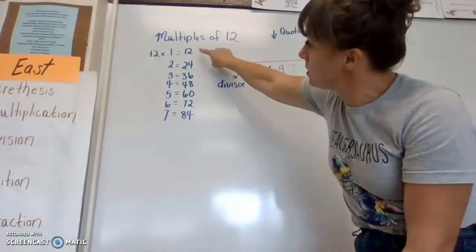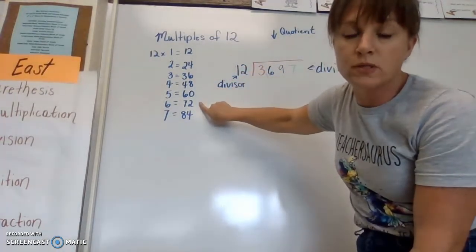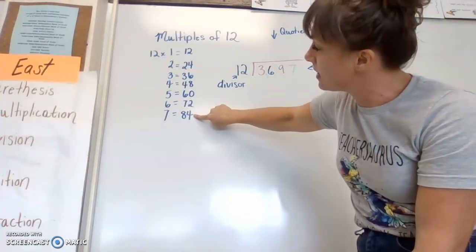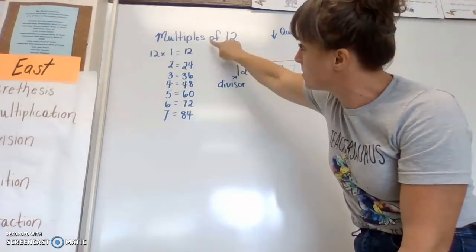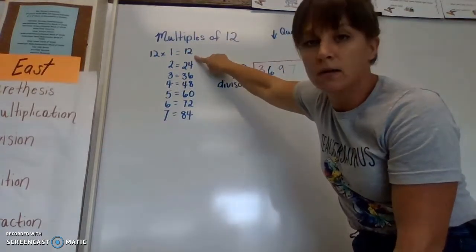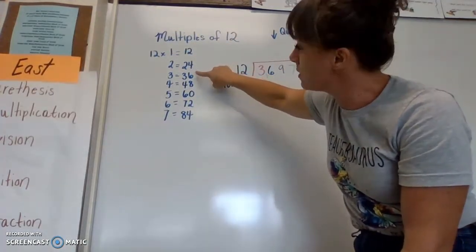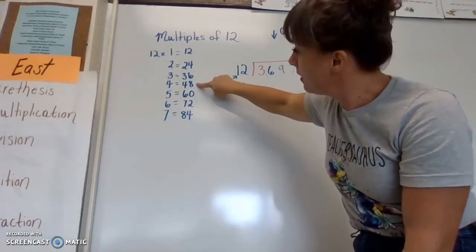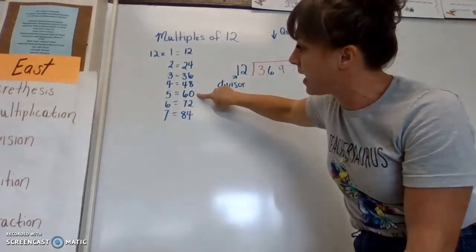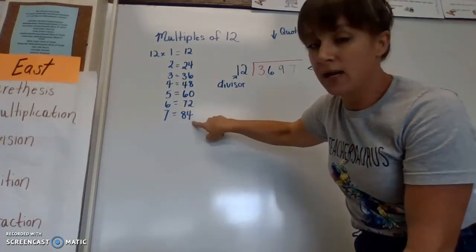So what I want you to do is list out your multiples of 12 over to the side to about 7. And I've done that for you. But in your notes, go ahead and make sure that you do that. Multiples of 12. 12 times 1, 12. 12 times 2, 24. 12 times 3, 36. 12 times 4, 48. 12 times 5, 60. 12 times 6, 72. 12 times 7, 84.